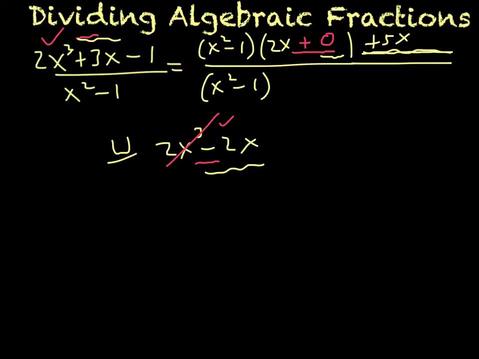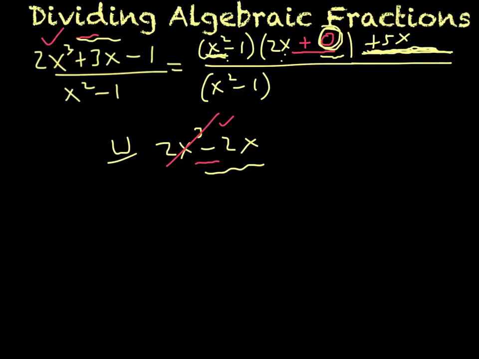Remember, if I want to multiply out these two brackets, I want it to match as closely as possible to this. And notice that if this is a constant, whatever constant you put in there is going to mess up your x squareds. So everything below x squared is going to be in your remainder. So if this is a quadratic, in here will be a linear. If this is a cubic, this will be a quadratic, etc.